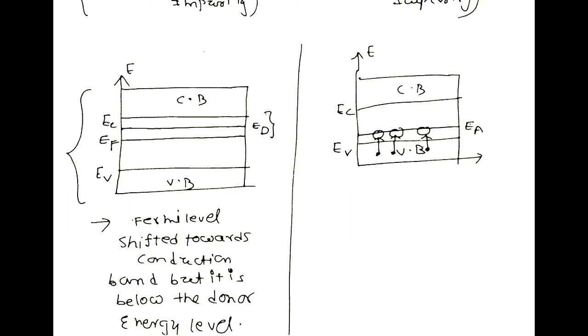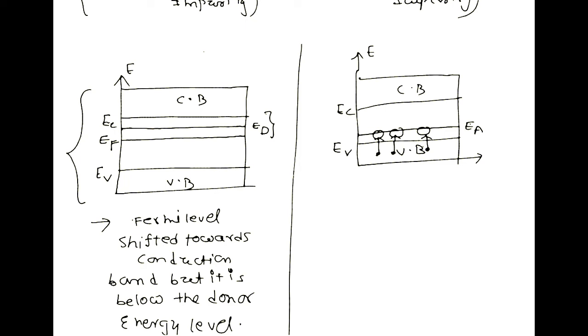So by default, more holes are created in the valence band even at room temperature.